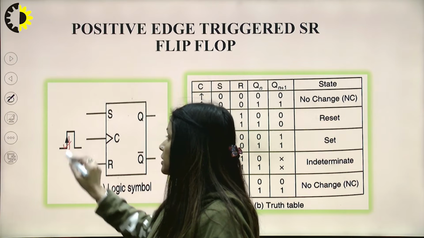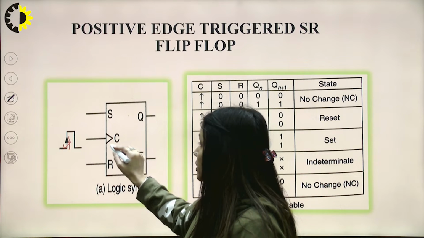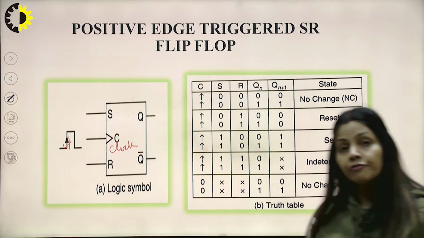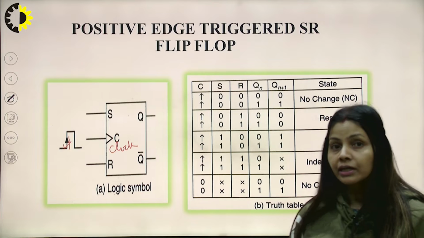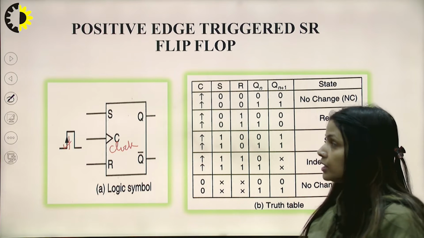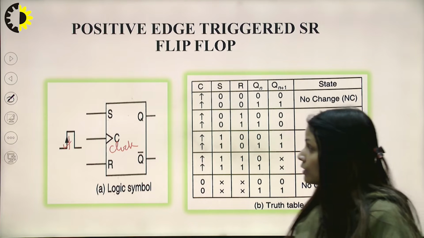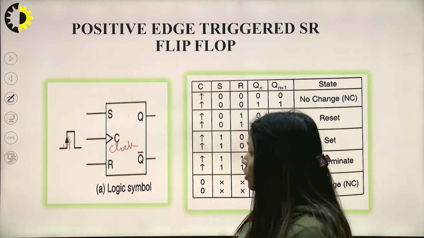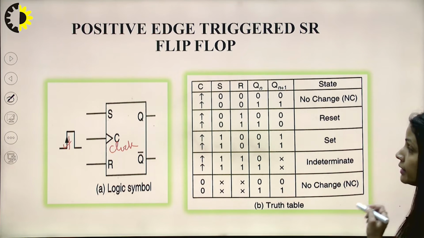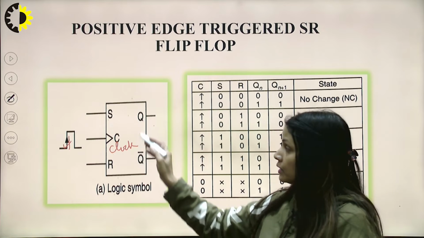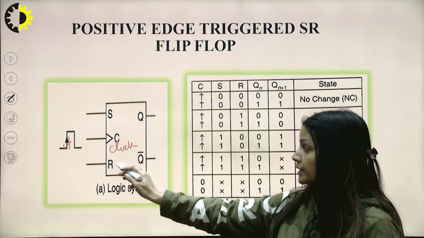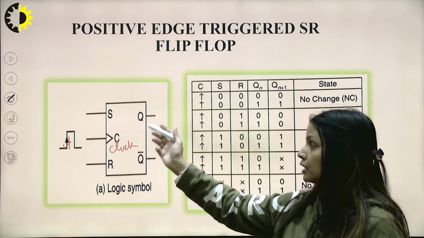As we can see, this clock is being given, and this flip-flop is getting triggered at each active high level of the clock. Again there are two outputs, Q and Q bar. The logic symbol has S for set, R for reset, Q the output and Q bar.